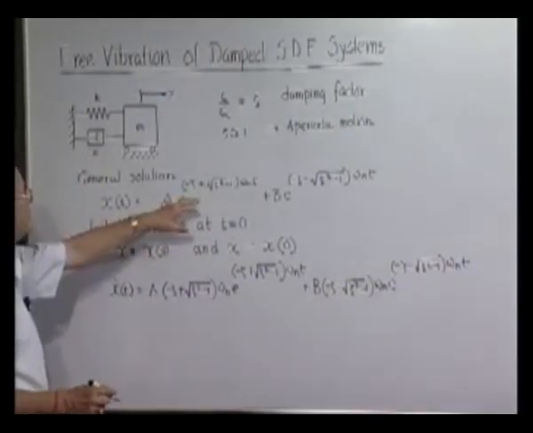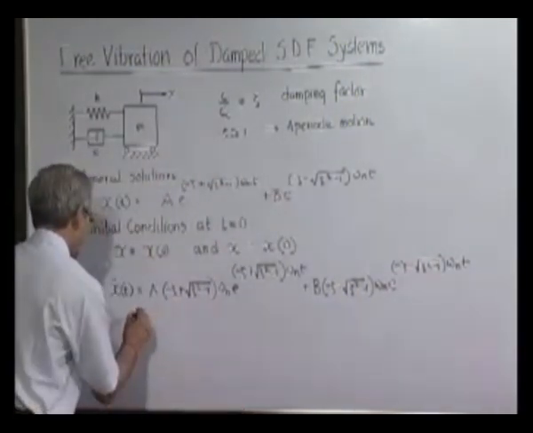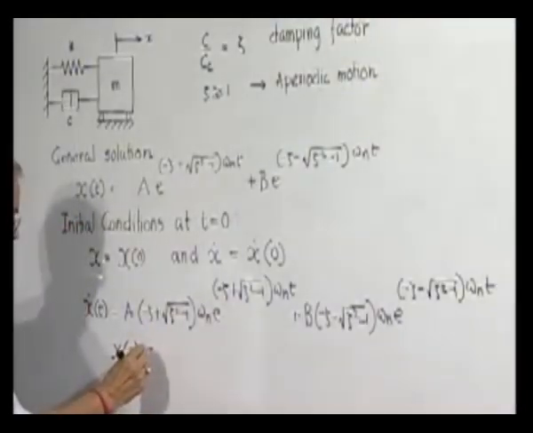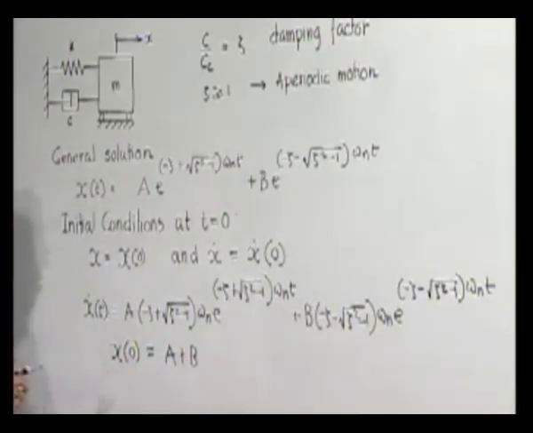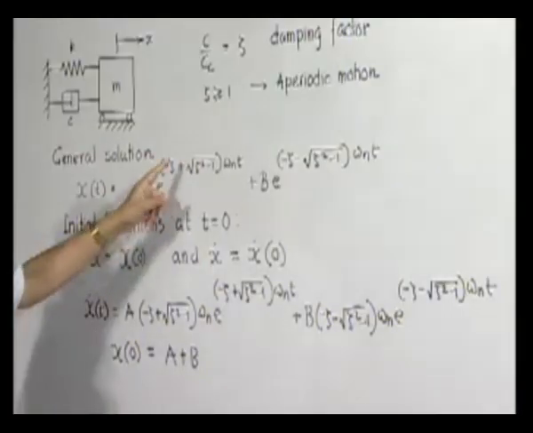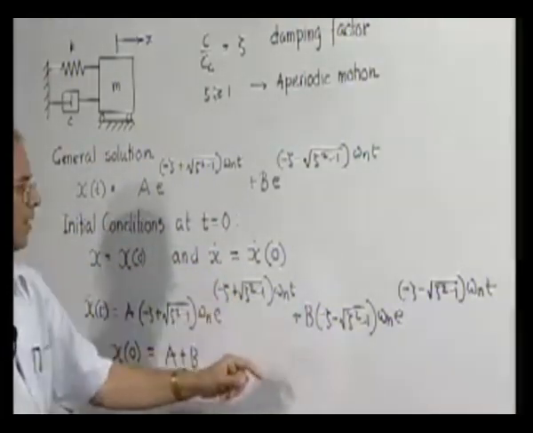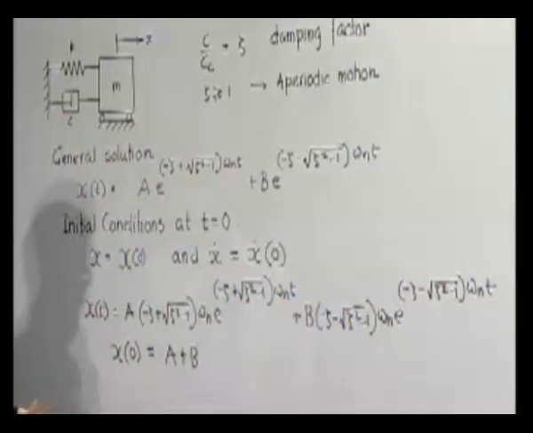So, t equal to 0 means this will be equal to 1, this will be equal to 1, or x0 equals A into 1 plus B. Similarly, at t equal to 0, again this is 1 and this is 1, and what remains is equal to x dot 0.